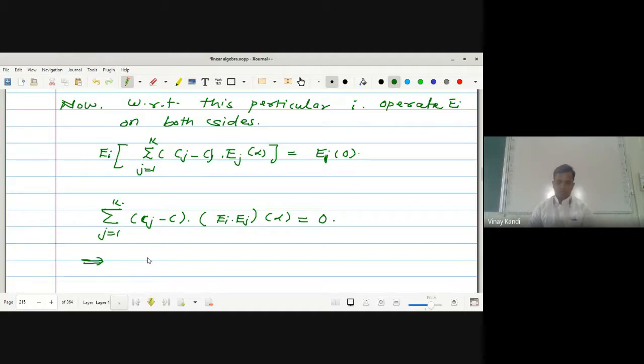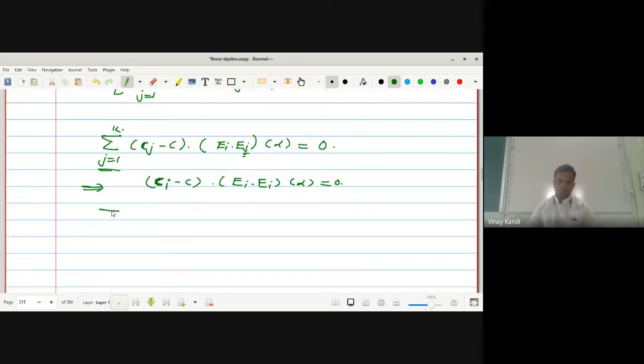What we get here? After running the chain, the term coincides with i. The other terms have non-zero coefficients. So this is ci minus c into Ei Ei of alpha equal to 0.